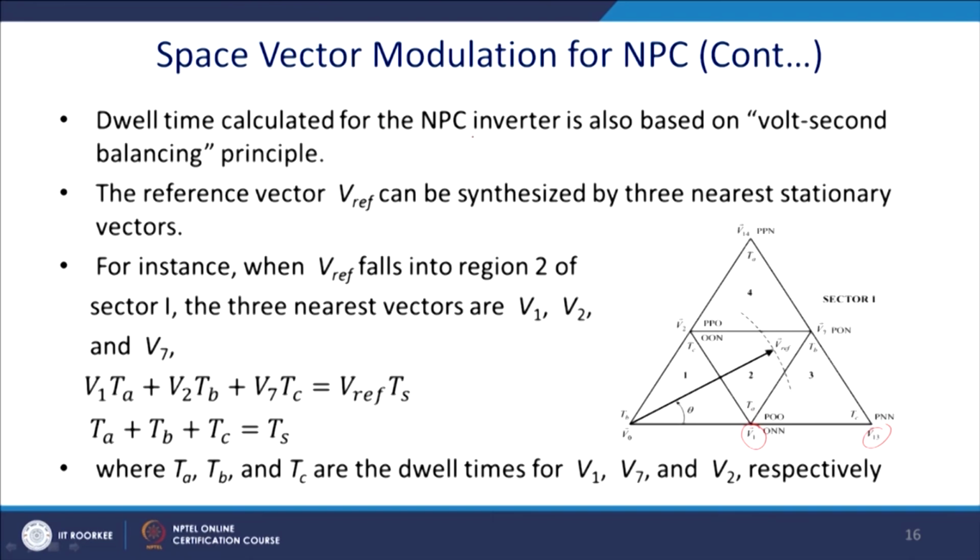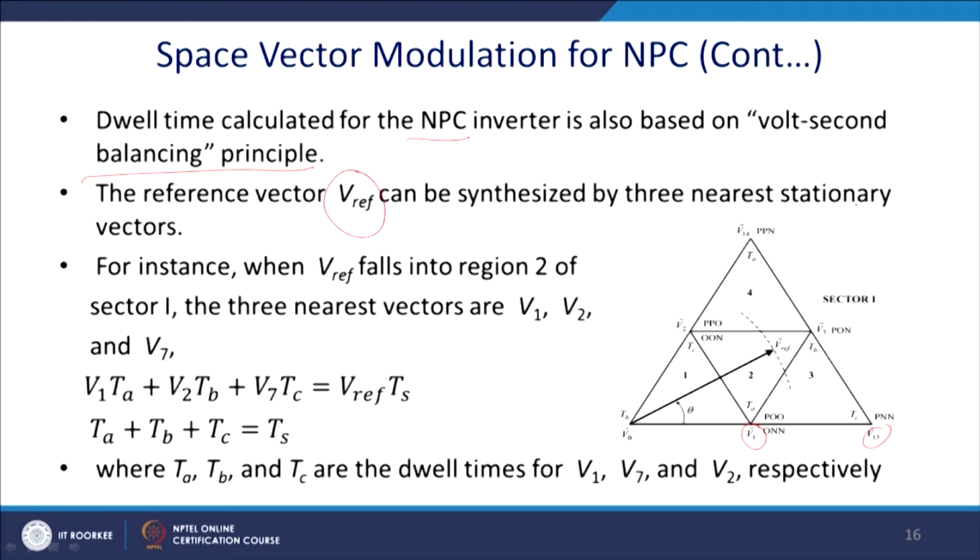Dwell time calculation of the neutral point clamp inverter is also based on the volt-second balancing principle, as we have seen in the detailed discussion for the 2 level inverter. The reference vector Vref can be synthesized with the 3 nearest stationary vectors.